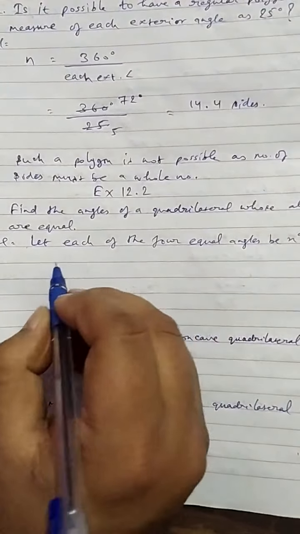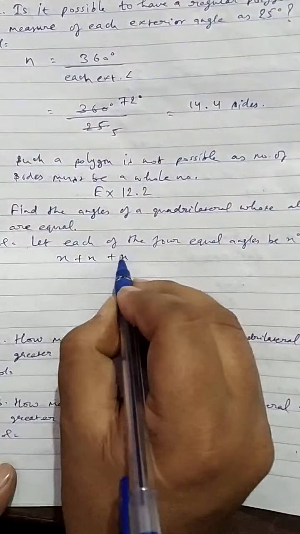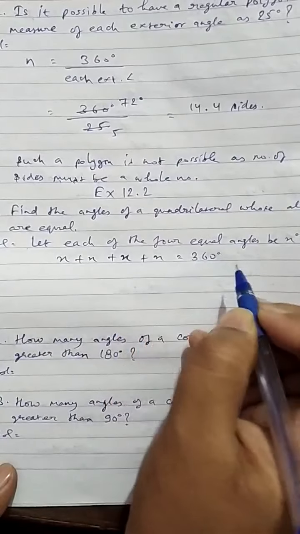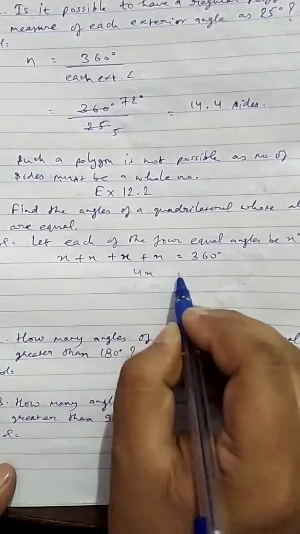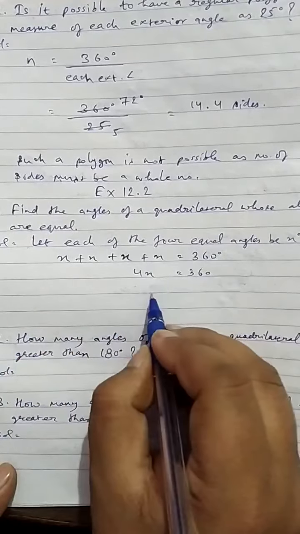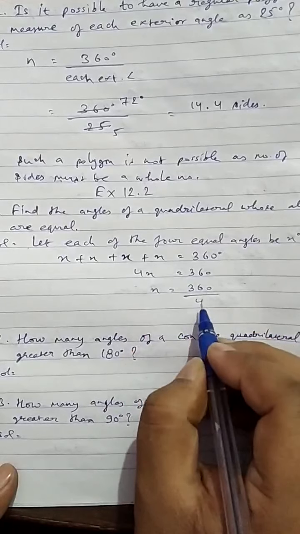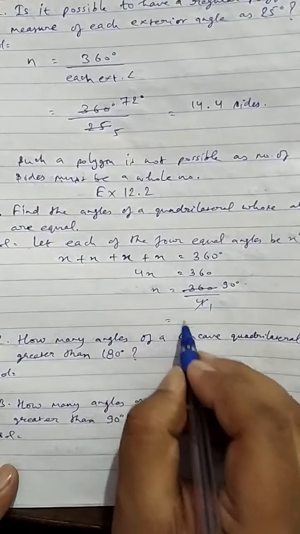And also you know that the sum of 4 angles of a quadrilateral is 360 degrees. So the sum of these x will be 4x and the value of x will be 360 degrees upon 4, that is 90 degrees each.